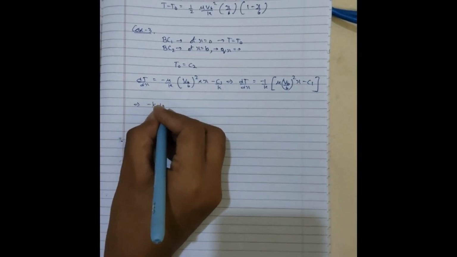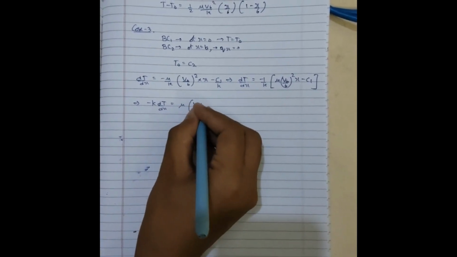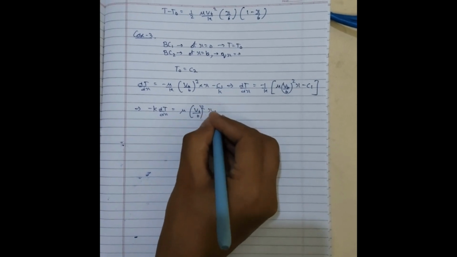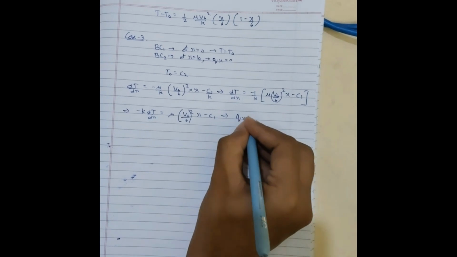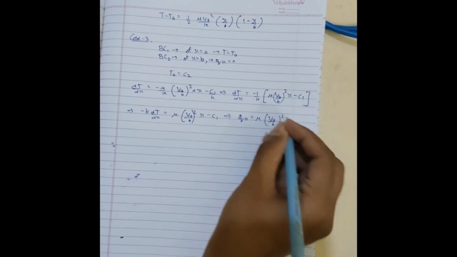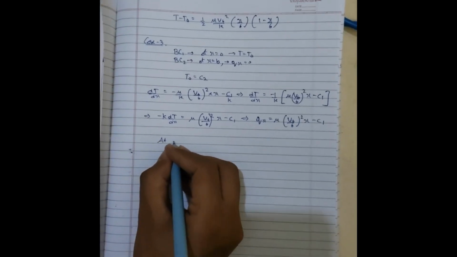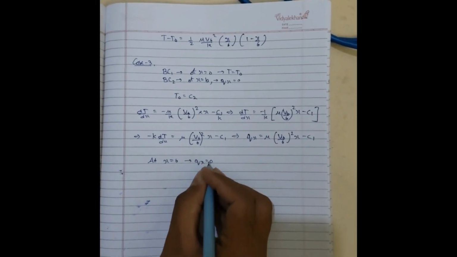Solving further, we get K into dT by dx equal to mu into VB upon B whole square into x minus C1, which gives us Qx equal to mu into VB upon B whole square into x minus C1. Now putting values at x equal to B, we have Qx equal to 0.